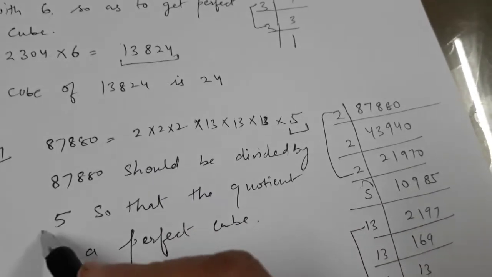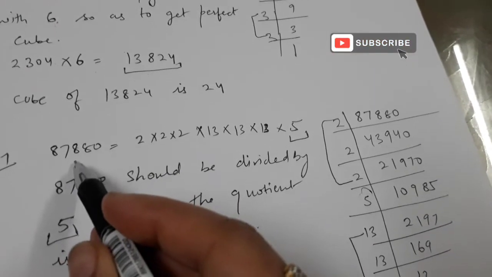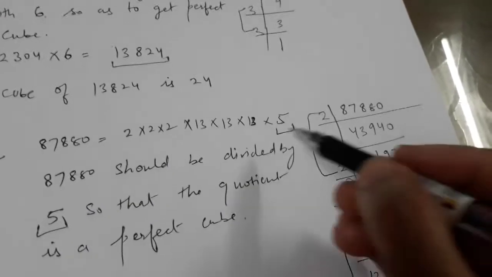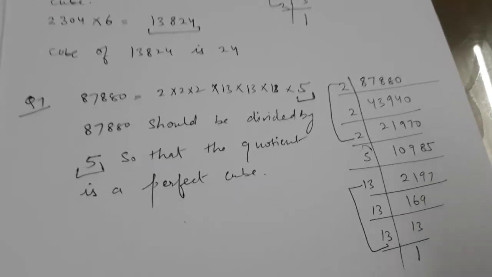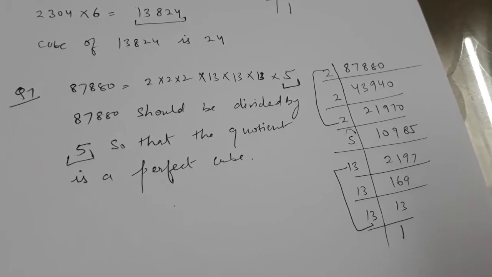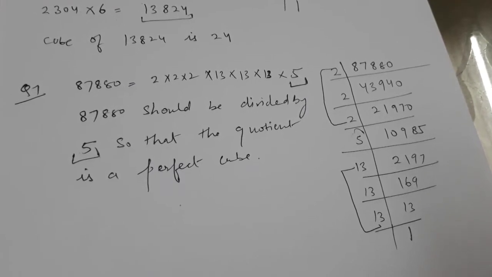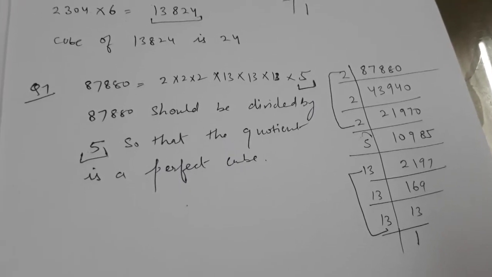So here we have to divide 87,888 by 5 because we have 5 extra here. Hope the question is clear. On having any type of doubt, you can directly ask me by commenting under the comment box.